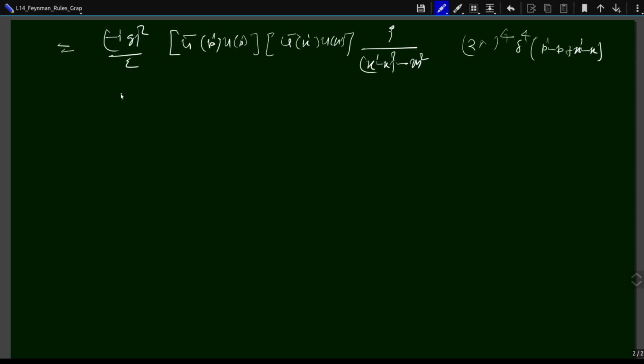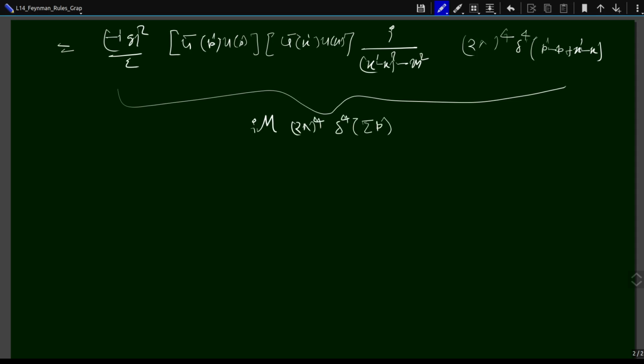In the S matrix element, whenever we have this, this thing is to be compared with i times the matrix element times 2 pi to the power 4 delta 4 of the sum over all momenta. Here the sum over all momenta is coming out to be this, because what we have over here, if you can see, is p prime plus k prime minus p minus k, or in other words minus the whole thing, because my p and k are incoming momenta, and p prime and k prime are outgoing momenta.